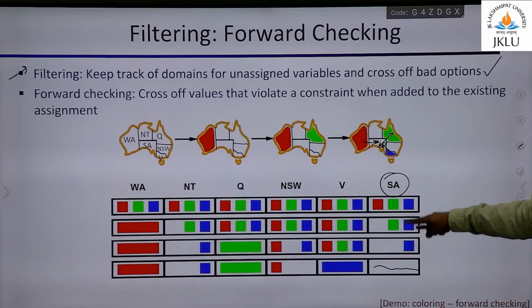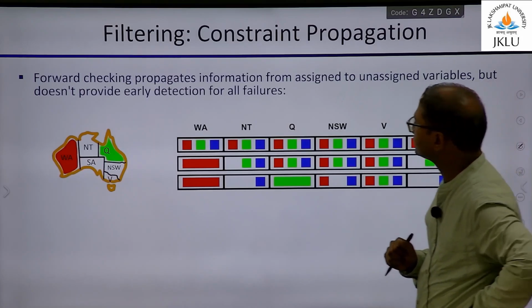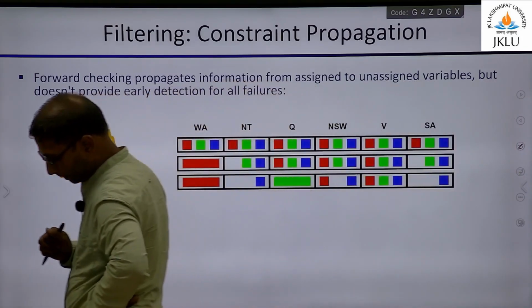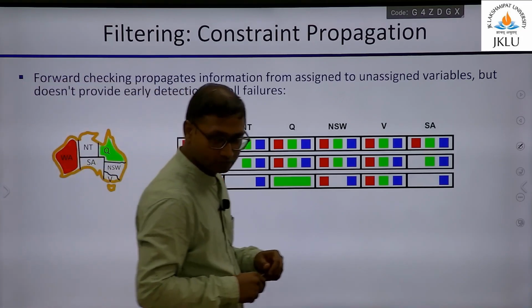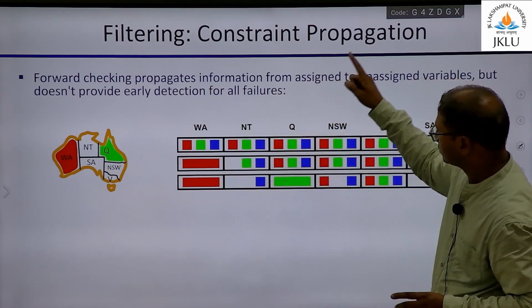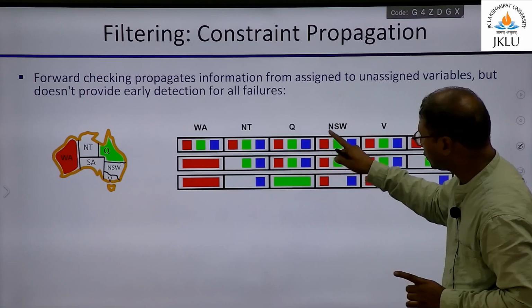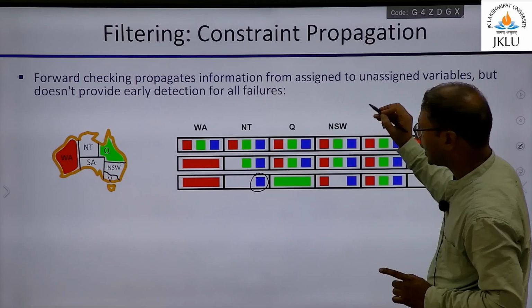In this case, it was done. What happens in this case now? WA is red and Q is green, so NT can be only blue. Okay?